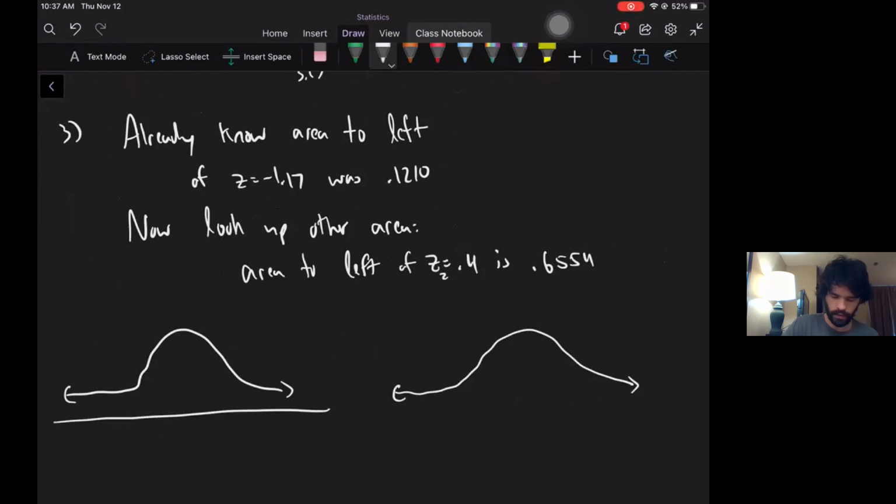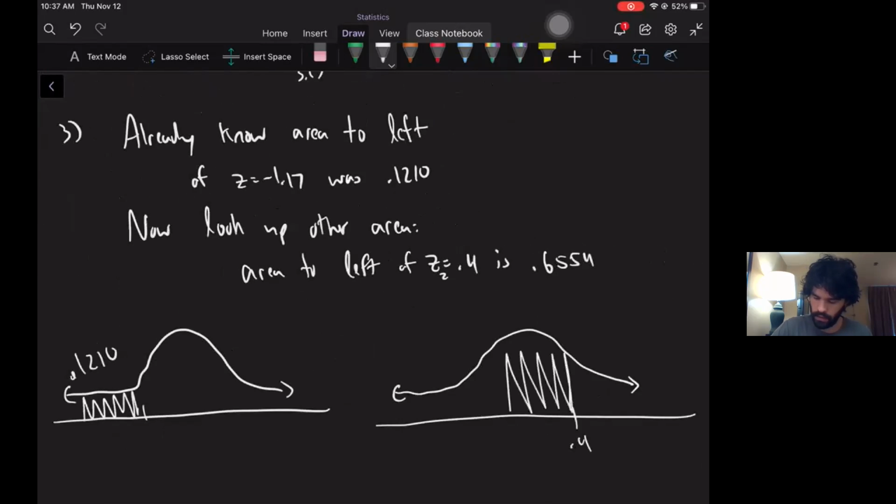So let's just draw out what's going on here real quick. So the idea basically is that we have this area, it's 0.1210. Very sketchy. And this area is 0.6554. And the area that I want is the area between them.